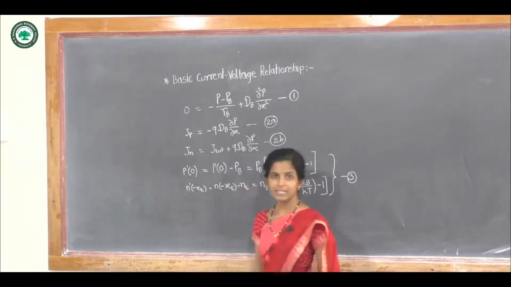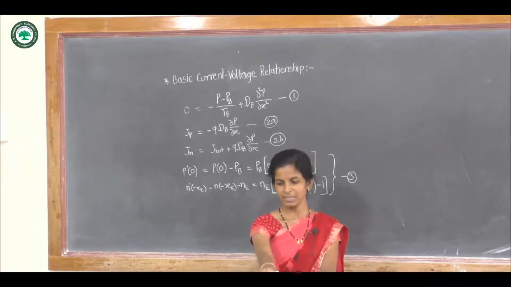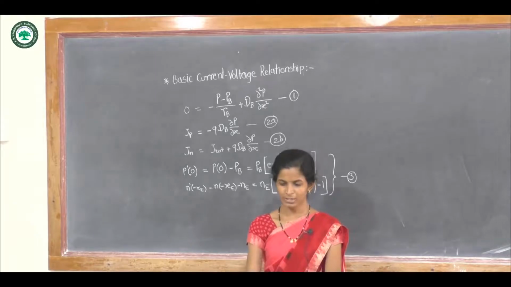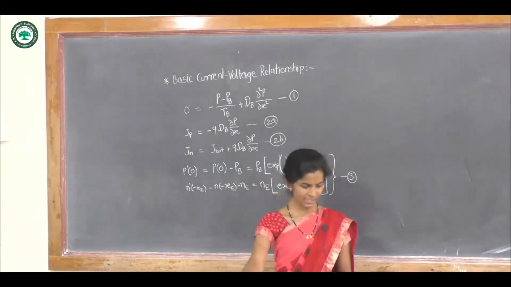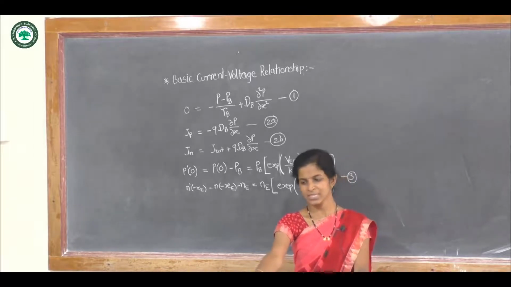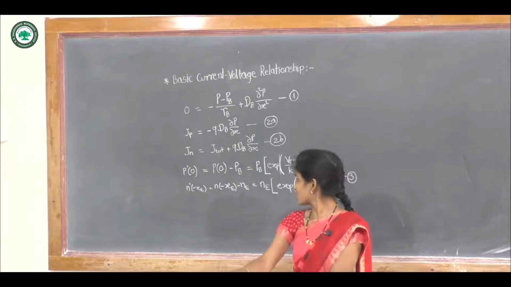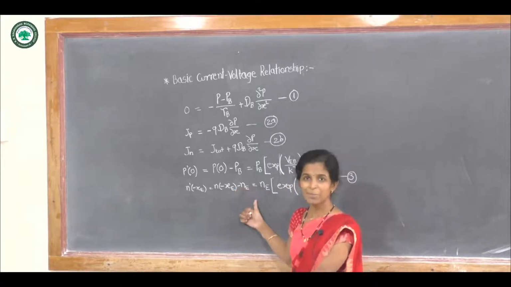In this equation NE is nothing but the equilibrium minority carrier density in the emitter. A similar set of equations can be written for the collector junction. So these are the equations for the emitter junction.